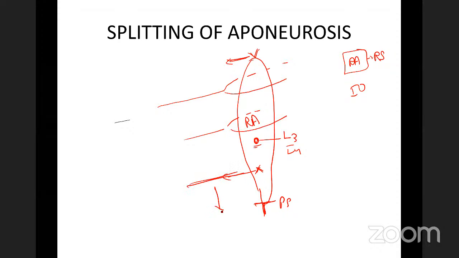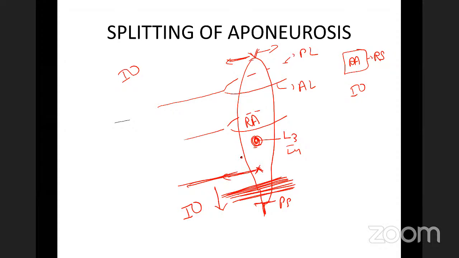What happens below this region? The aponeurosis of internal oblique muscle will not split, it will pass in front of the muscle. We will discuss it in detail when we come to the rectus sheath. But for now, the aponeurosis of the internal oblique splits into the anterior lamina and the posterior lamina in between the xiphoid process and a point between the umbilicus and the pubic symphysis.